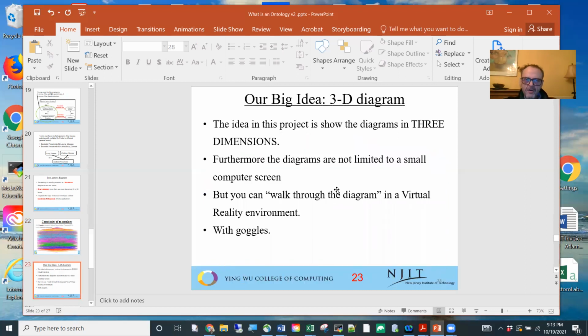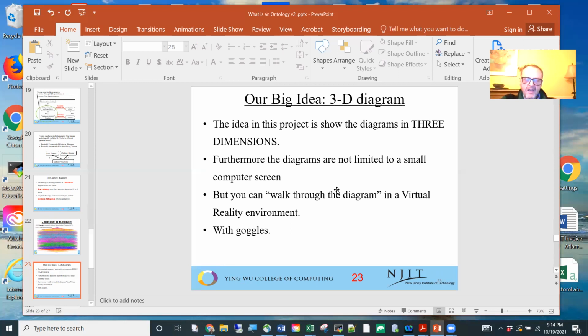Okay, so our big idea is to use three-dimensional diagrams, and furthermore, we are not limiting ourselves to a small computer screen, but our idea is to literally walk through those diagrams in a virtual reality environment, and for that you wear these special virtual reality goggles that make it look like you're really standing inside of a three-dimensional space like the real world.